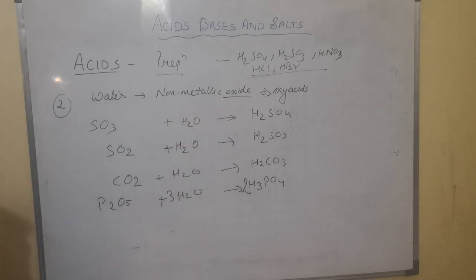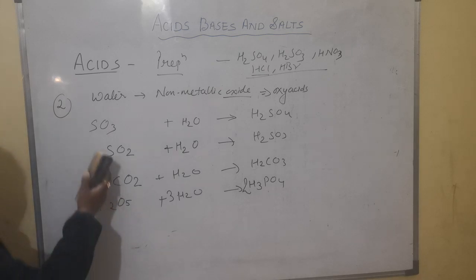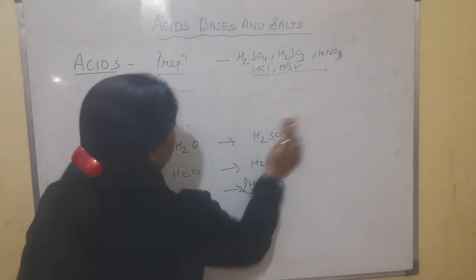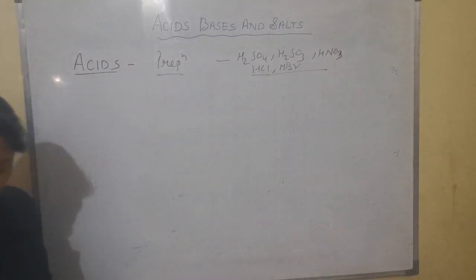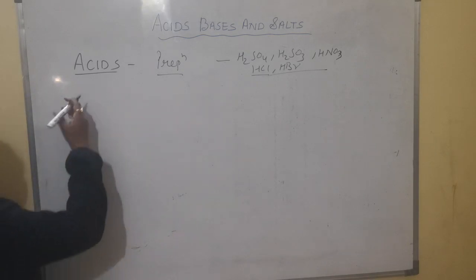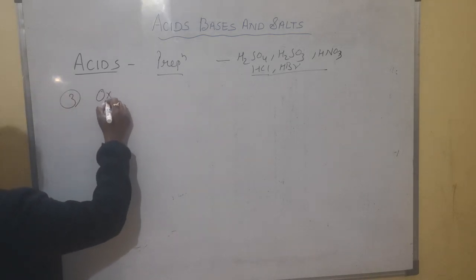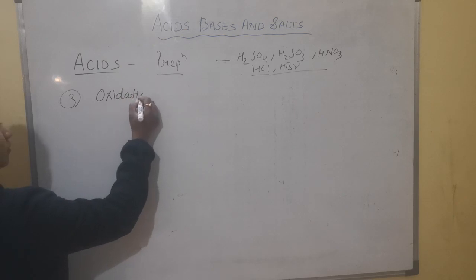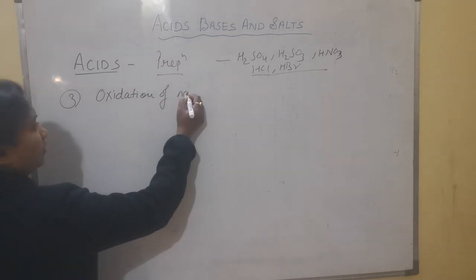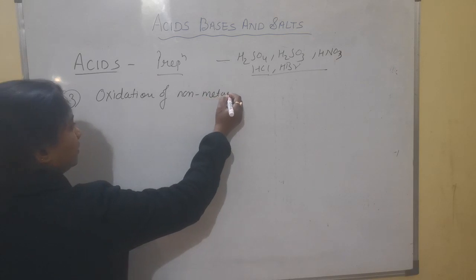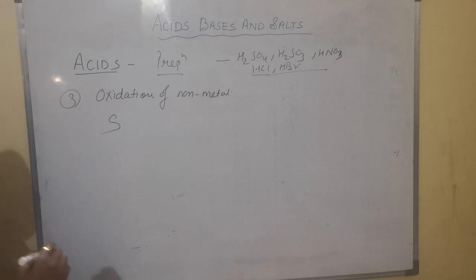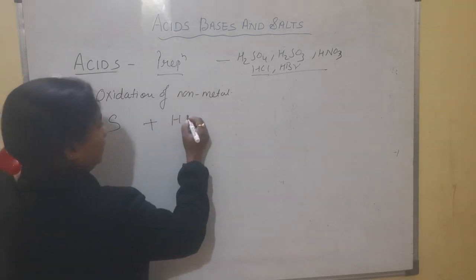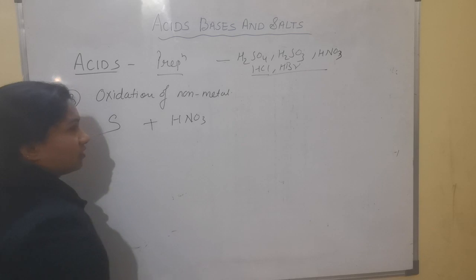Now the third method is by the oxidation of non-metals. Now what is oxidation? Oxidation of non-metals. Say sulfur is a non-metal. HNO3, nitric acid, is an oxidizing agent.